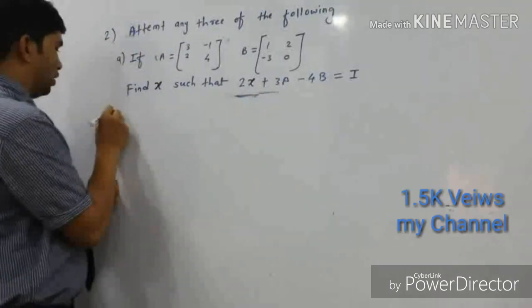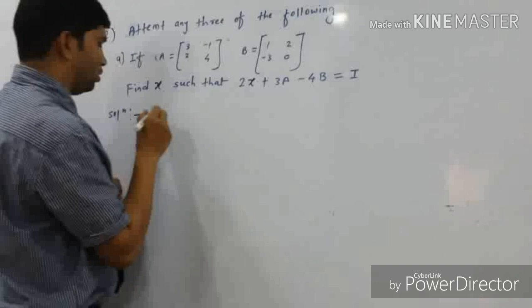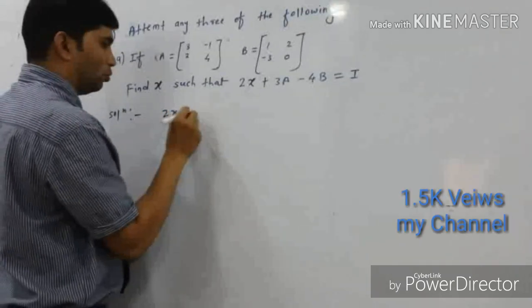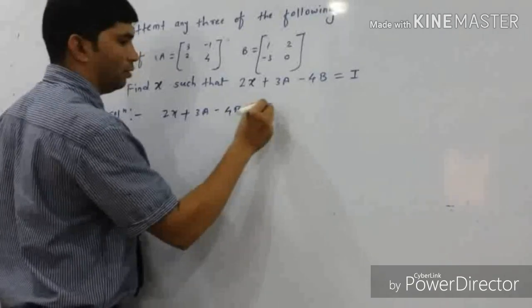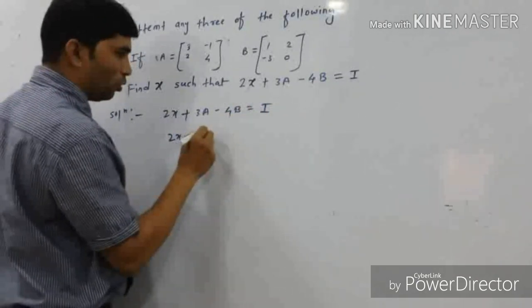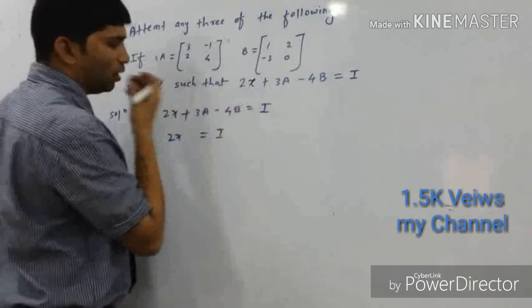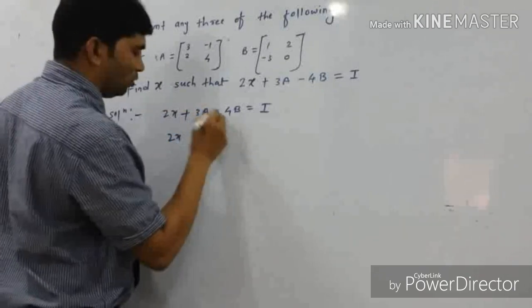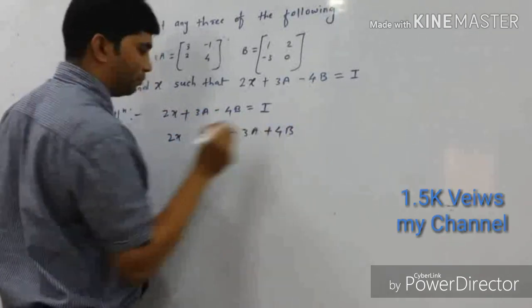So, take a solution. First of all, we have this equation 2x plus 3A minus 4B is equal to I. So, we have to find 2x. We keep this 2x as it is and I as it is, and shifting this 3A, so here we get minus 3A plus 4B.